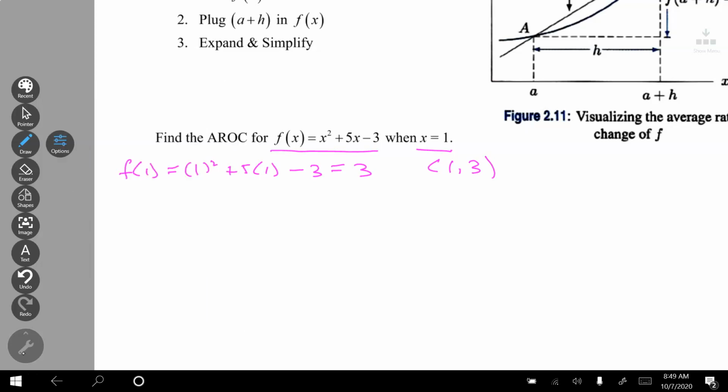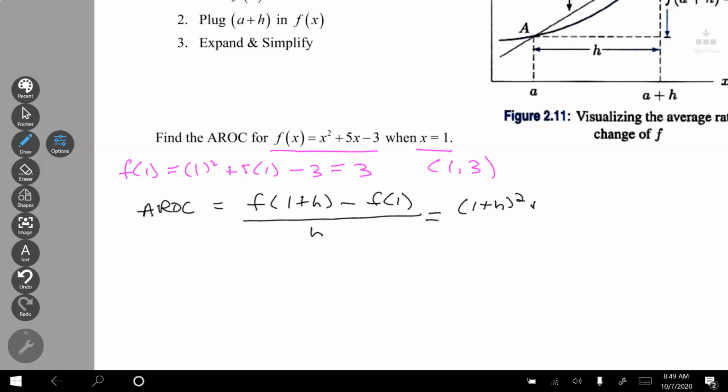So now when I do my average rate of change, I'm going to do f of 1 plus h minus f of 1 all over h. I have to plug 1 plus h in here. 1 plus h squared plus 5 times 1 plus h minus 3 minus the y value I got here, which was 3, all over h.